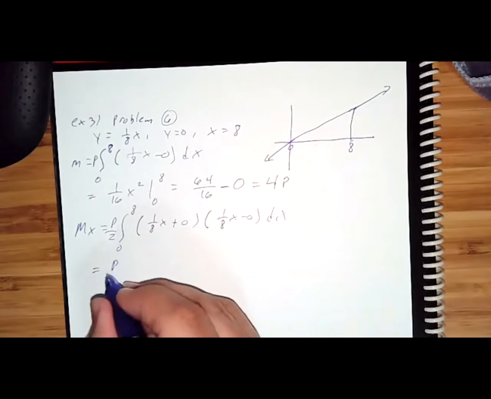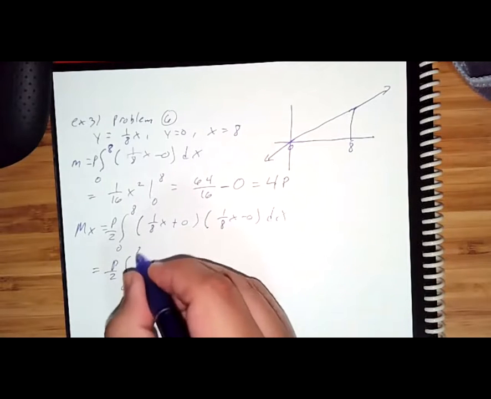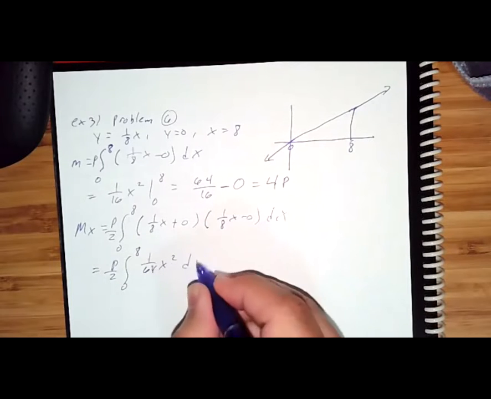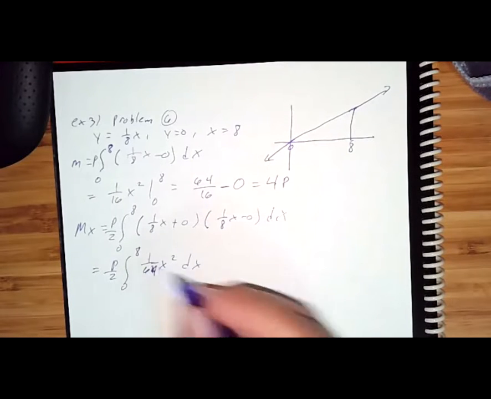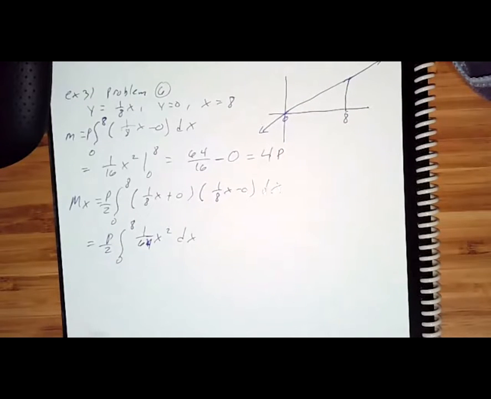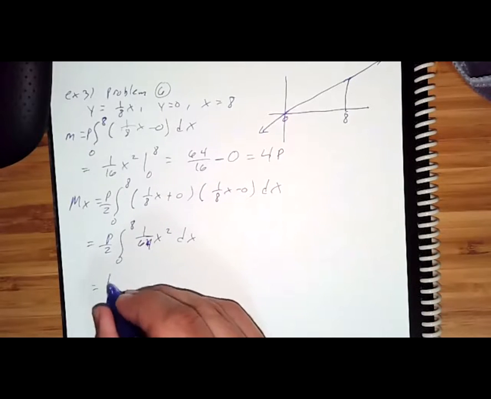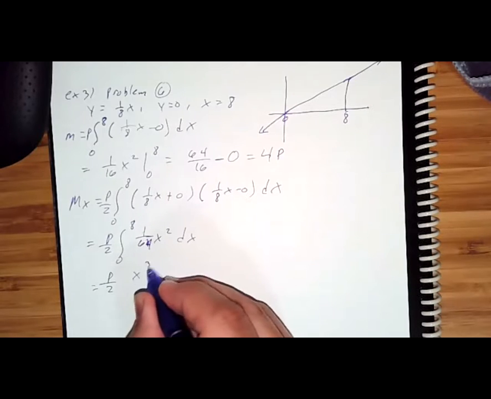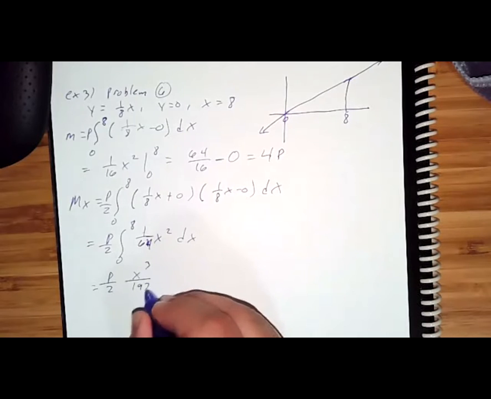So that will be p over 2, integral from 0 to 8 of 1/64 x squared dx. So integrate this guy. What's 3 times 64? 192. So this would be x cubed over 192.